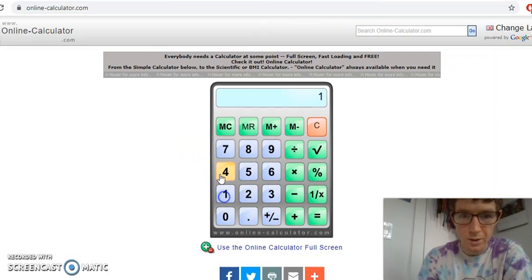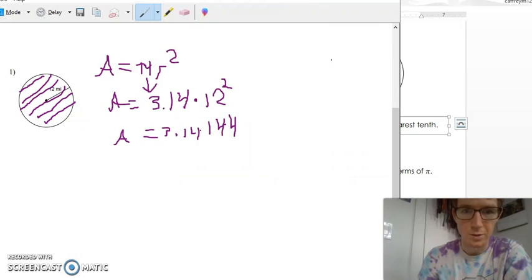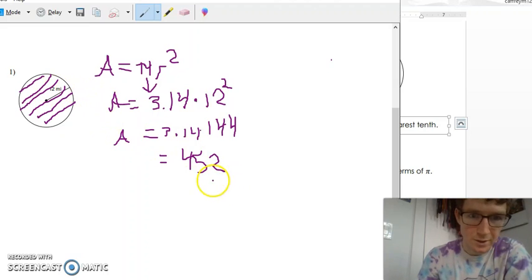So 144 times 3.14 is equal to 452.16. We'll just say it's 452. And we were in miles, so our area will be in square miles.